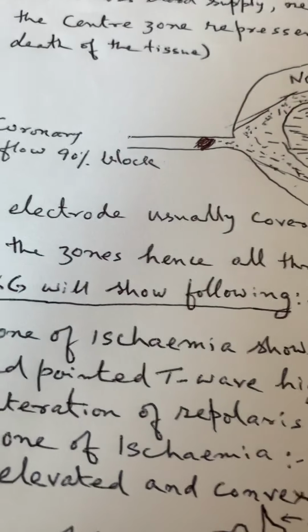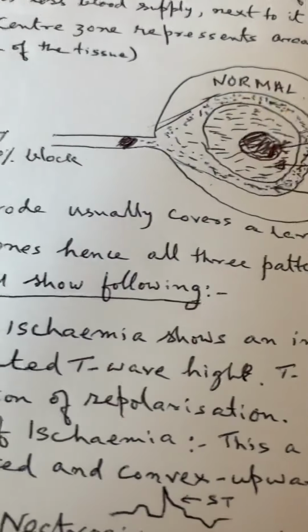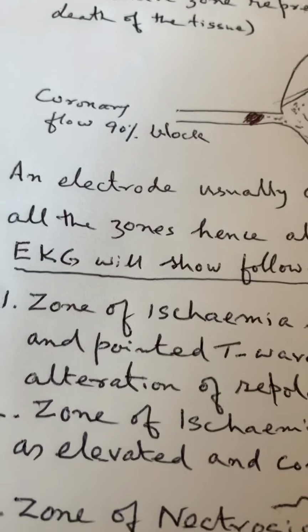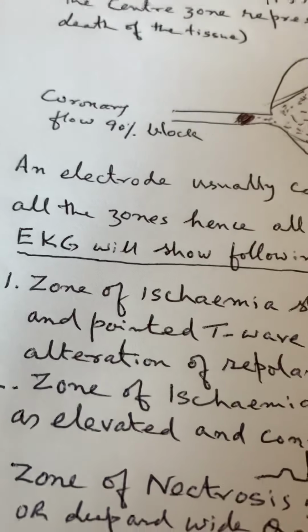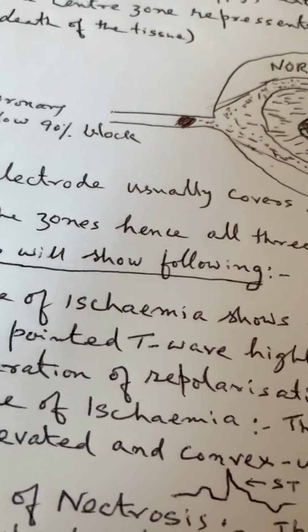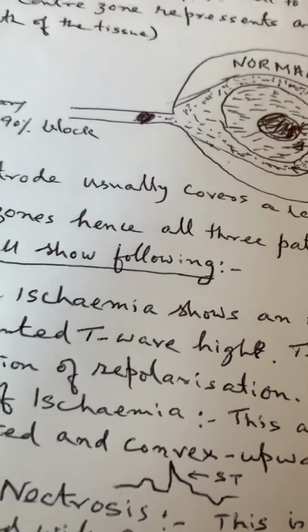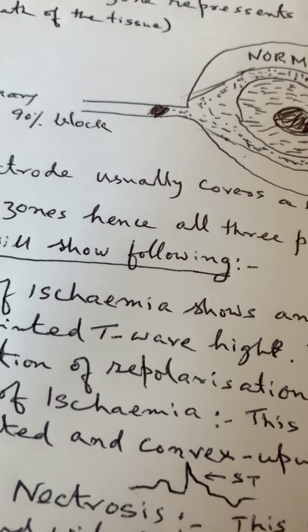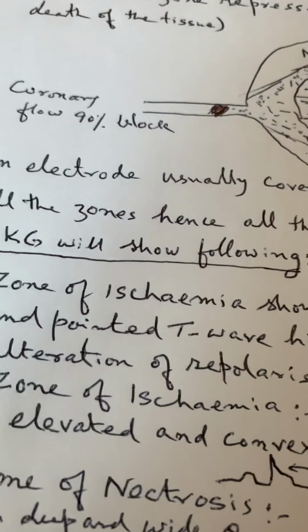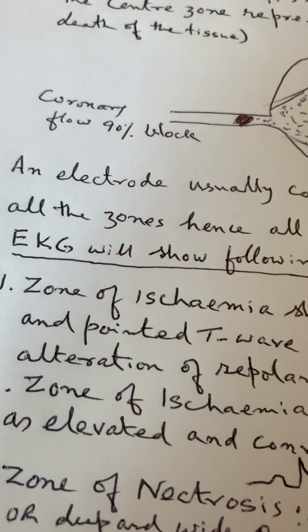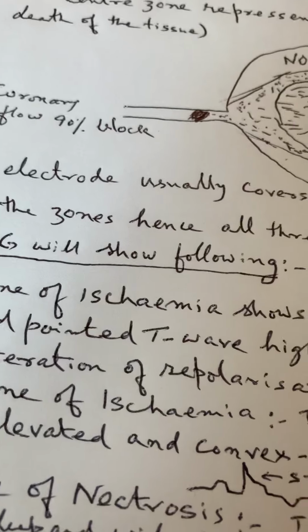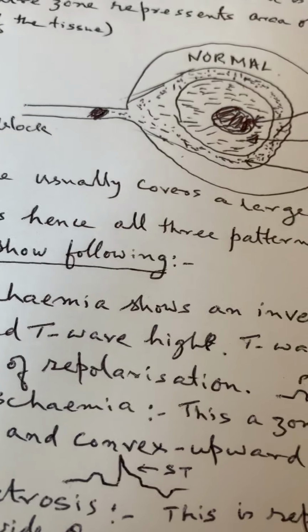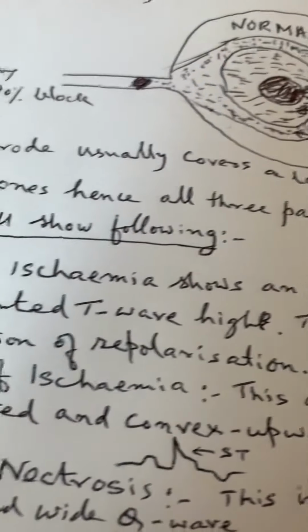This is why the T wave is inverted, because there is a significant alteration in the repolarization. You know, the T wave is because of ventricular repolarization, and here in the ischemic zone there is alteration of repolarization resulting in T wave inversion.